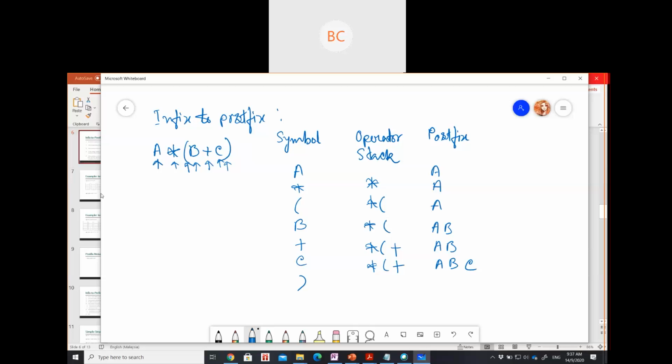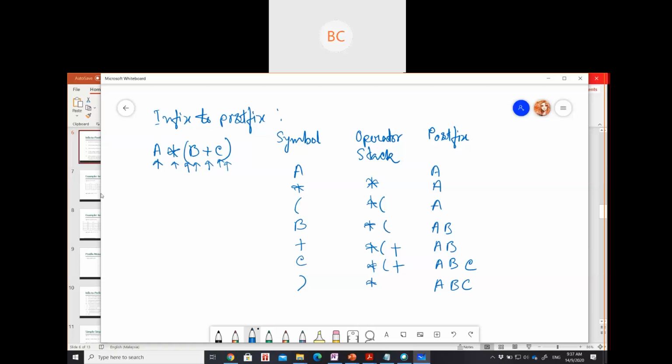So whatever is inside your stack before the open parenthesis, you will simply perform that operation. That means you are going to just pop that operator from the stack, and you will put it in your postfix notation.